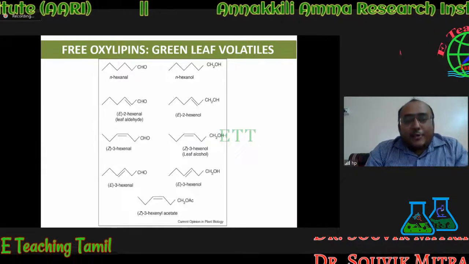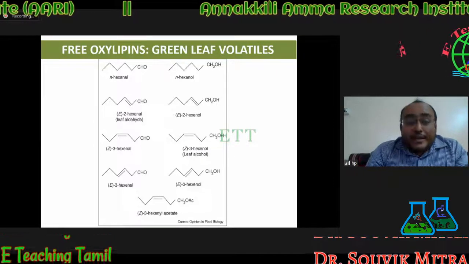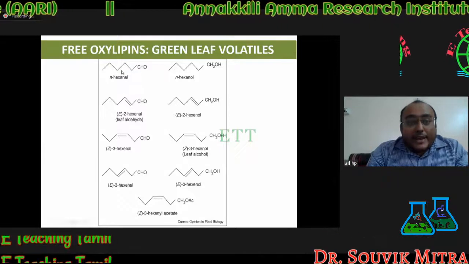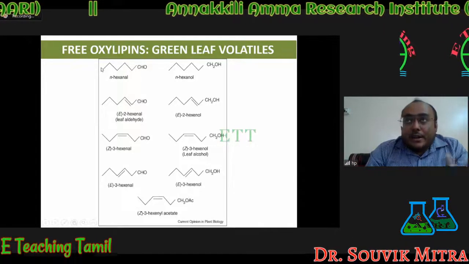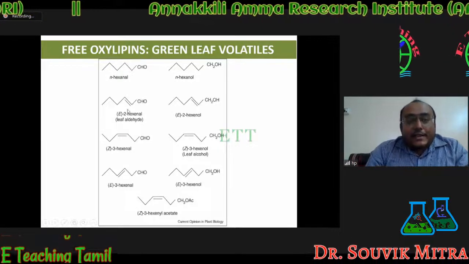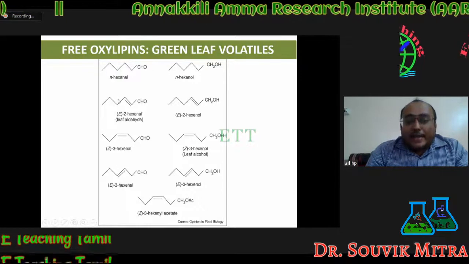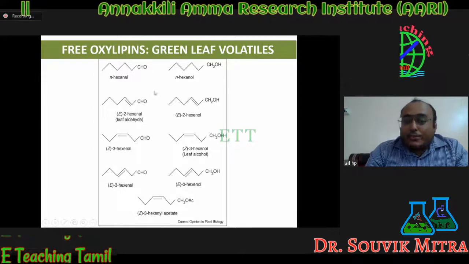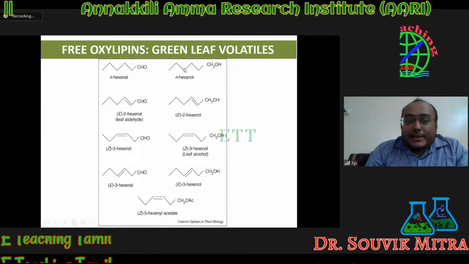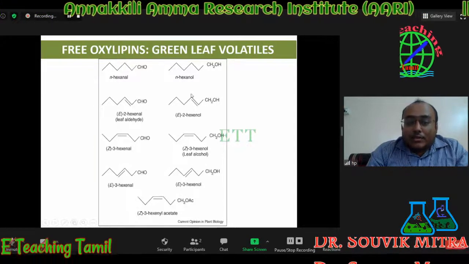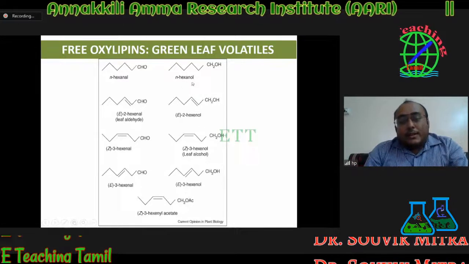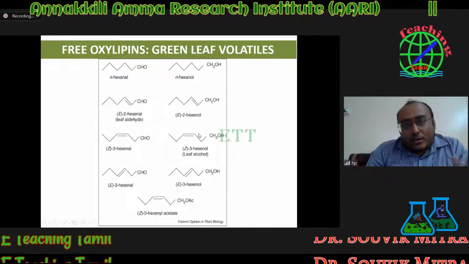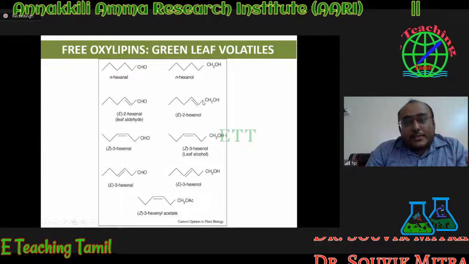There can be saturated aldehydes, without any double bond in the hydrocarbon chain, unsaturated aldehydes, saturated alcohols, and unsaturated alcohols. This total composition is termed the green leaf volatiles.